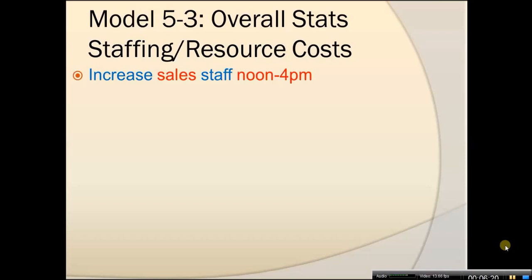It corresponds actually to the hours from noon to 4 p.m., because our simulation starts at 8 a.m. So the first 4 hours, 8, 9, 10, and 11, we're okay. And then during periods 5 through 8, which are the next 4 hours, so it's noon, 1, 2, and 3.